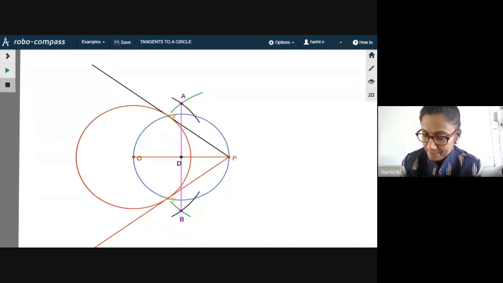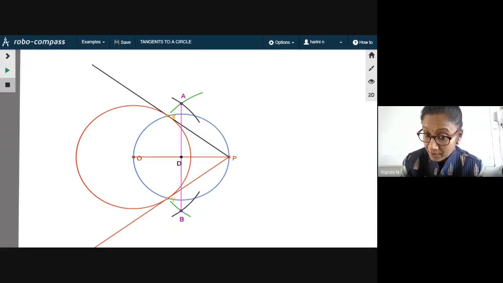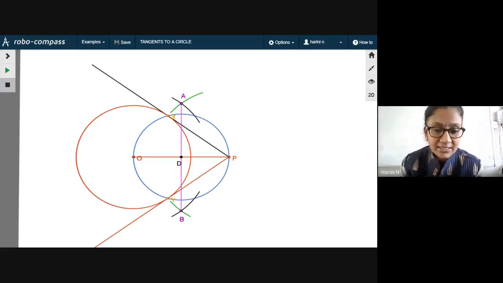Next step. With D as center and radius OD. OP, DP, not OP. OP will become the diameter. OD.